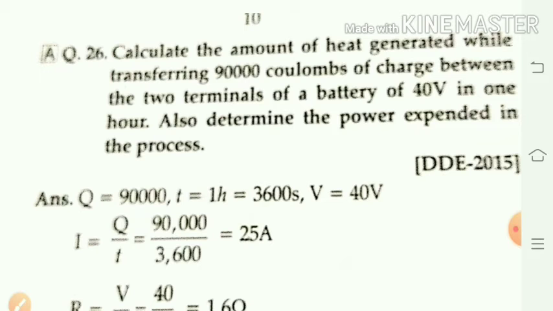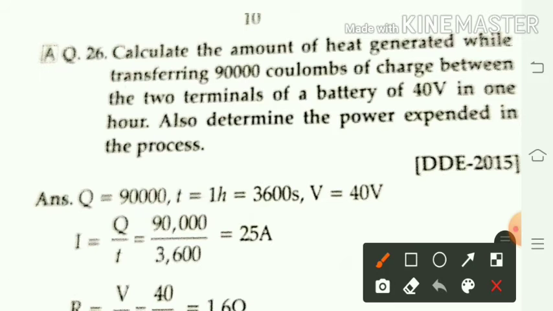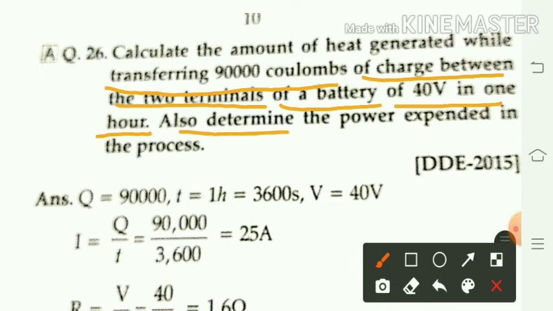Calculate the amount of heat generated while transferring 9000 coulombs of charge between two terminals of a battery of 40 volt in 1 hour. Also, determine the power expended in the process. So, we will see which values are given here.